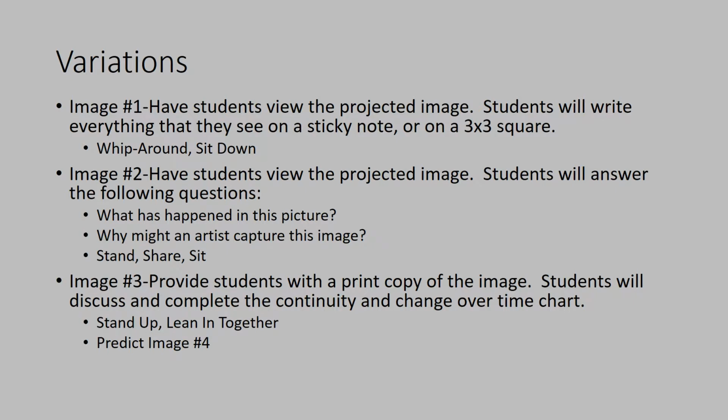Then students will engage in the activity whip around, sit down. To do this, cluster students into groups of 3. Have all students stand up. Begin the whip around process.